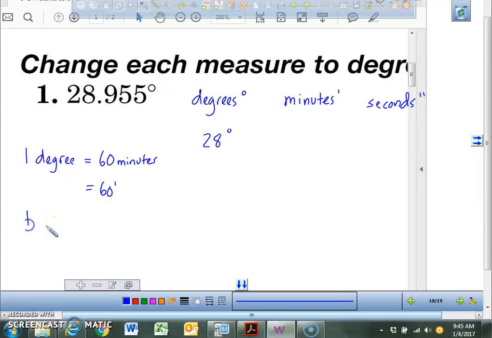Now, 1 whole degree also can be broken into seconds. You could say 1 whole degree has 3,600 seconds in it, which means you could write it as 3,600 seconds.